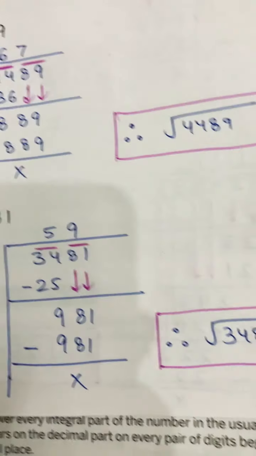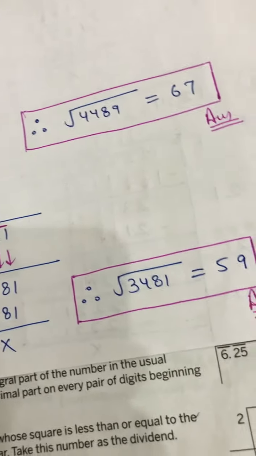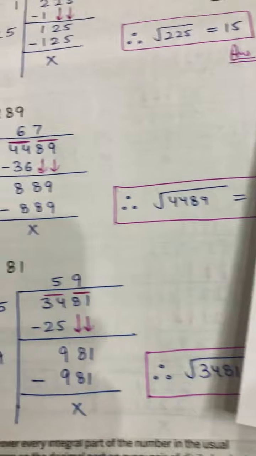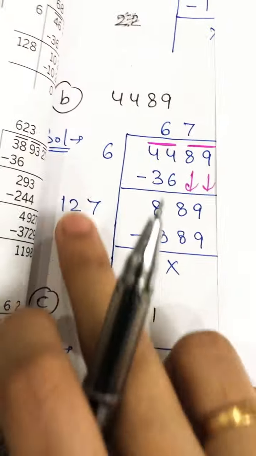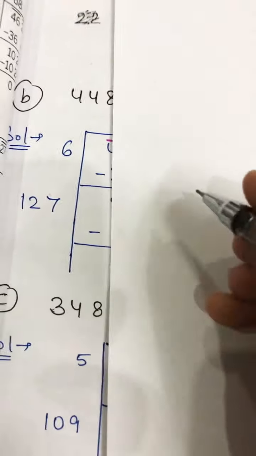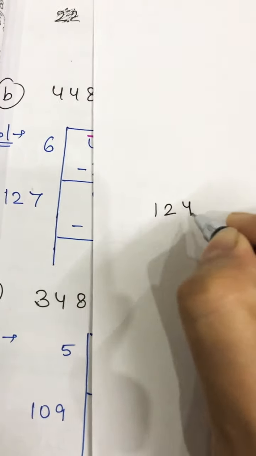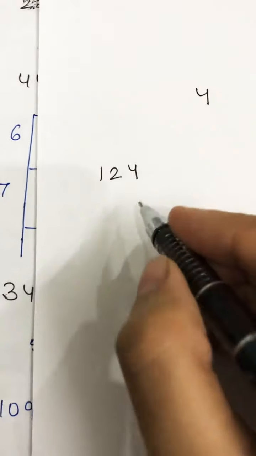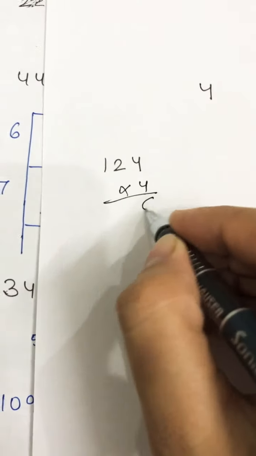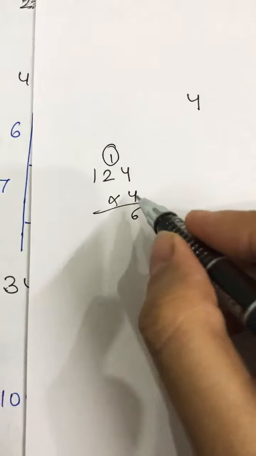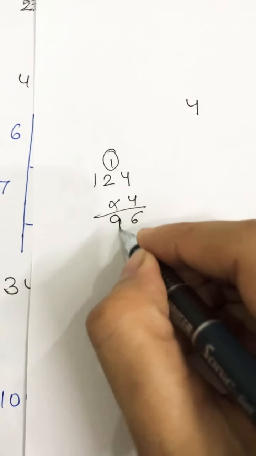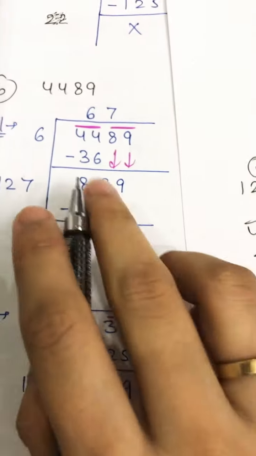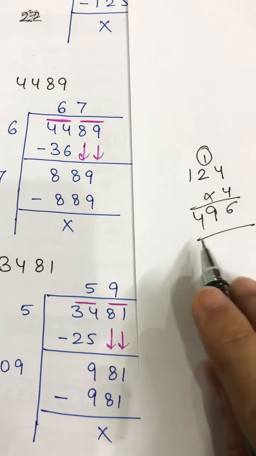Now if I write 124, then I have to place 4 here. Now 124 times 4: 4 fours are 16, 4 twos are 8 plus 1 is 9, and 4 ones are 4. So 496. It is very small. Your question is 889. 496 is very small.